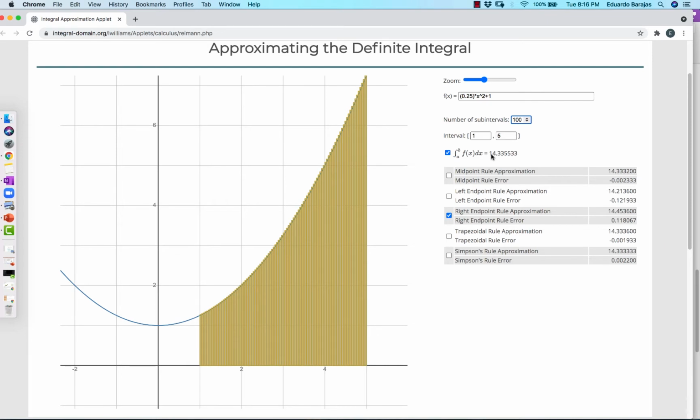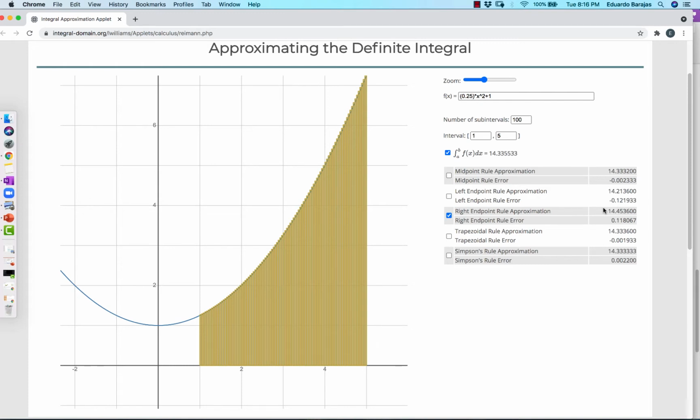Now, in reality, we might not actually know this, right? We were trying to find the answer, so it'll be an unknown value to us, but we can approximate that value by choosing an appropriate number of rectangles.